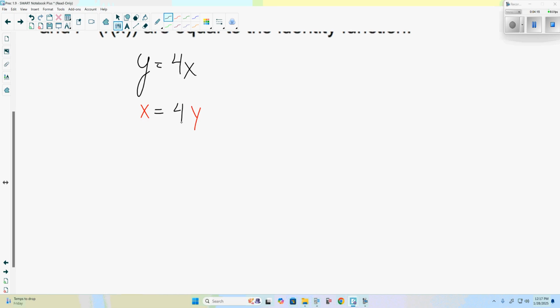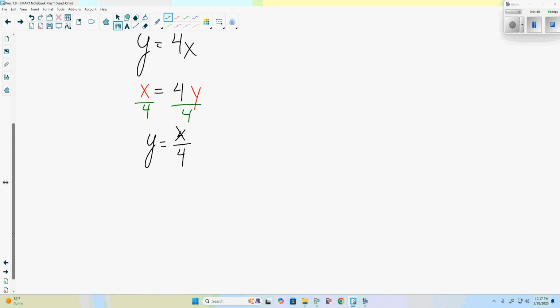Now we're going to solve for y. And to do that, we're going to divide both sides by 4, telling us y is equal to x over 4. And lastly, we replace y with f inverse, because this is the inverse function.